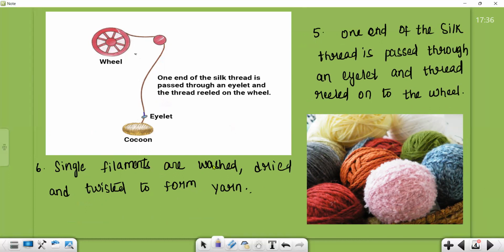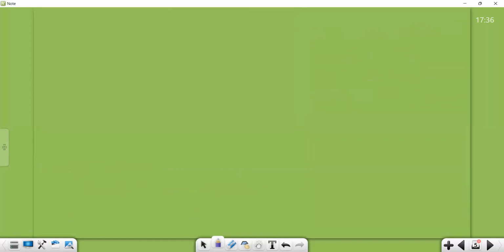Clear? Everybody clear? Yes, ma'am. So, silk is considered the queen of fibers. Which one? Silk is considered the queen of fibers.